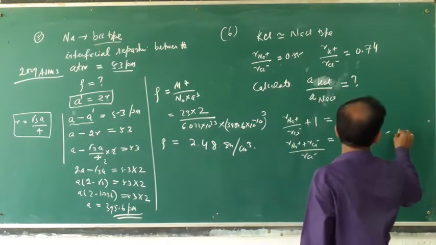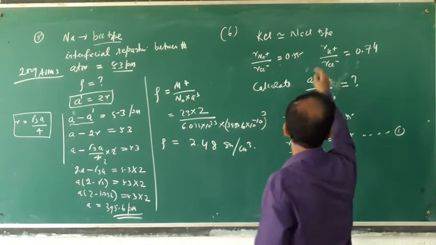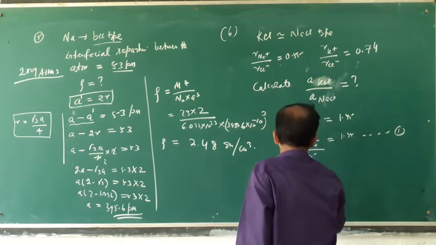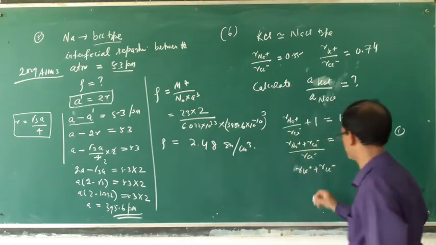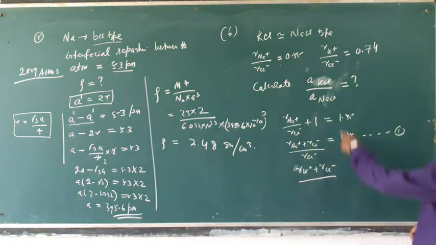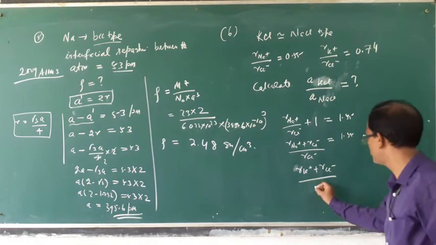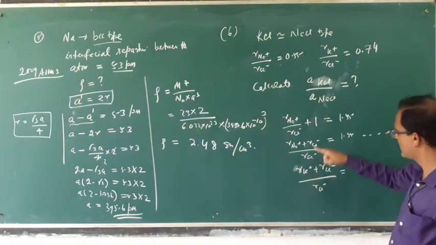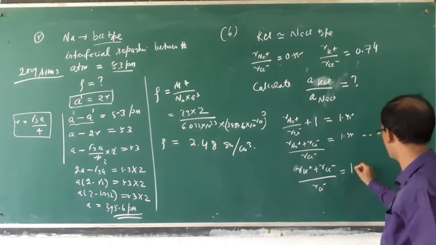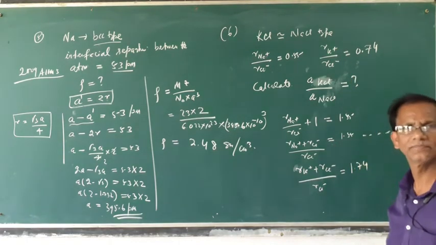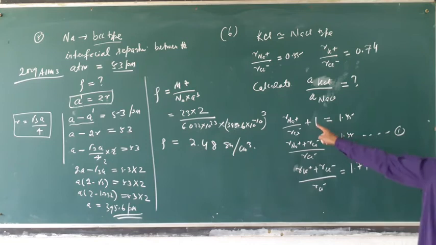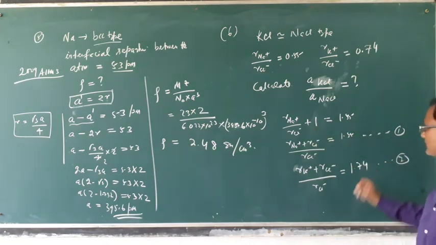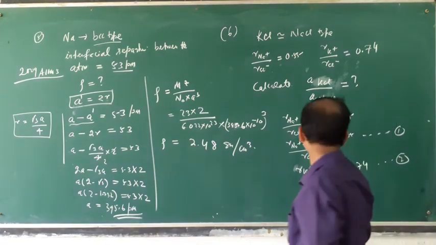This is your equation 1. Similarly, for R K plus to R Cl minus, R K plus plus R Cl minus by R Cl minus is equal to, same like this, 1.74. Clear? Here 1 is added. This is equation 2. If you divide it, what is the result?